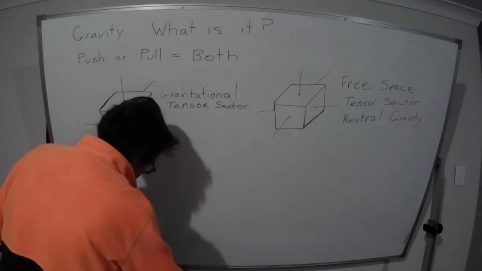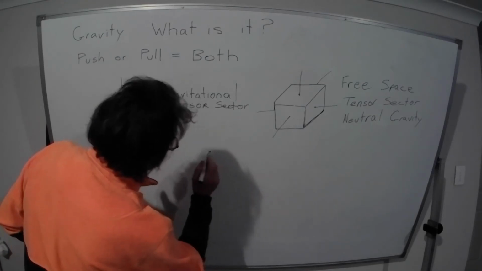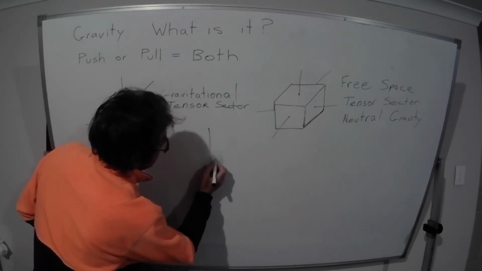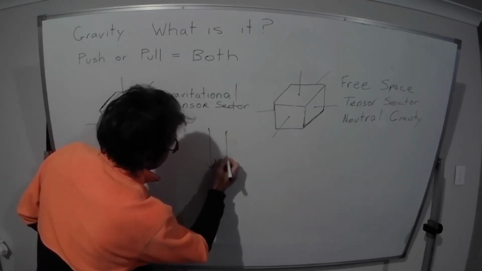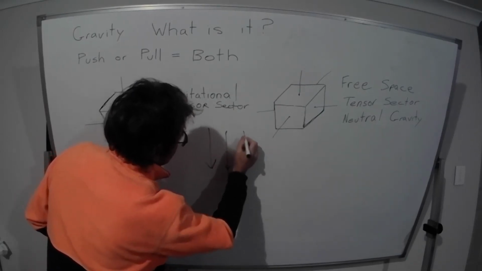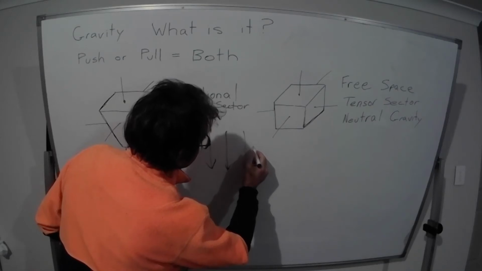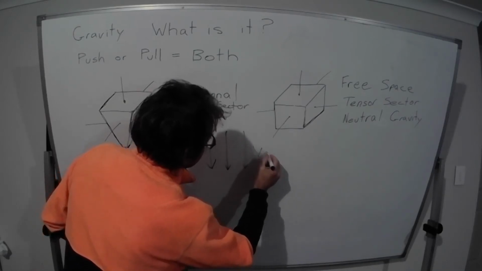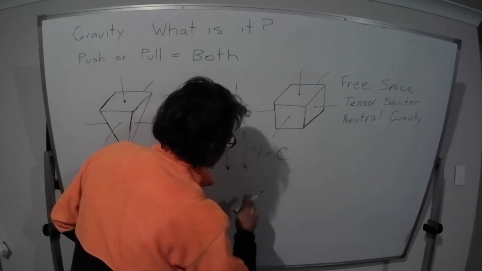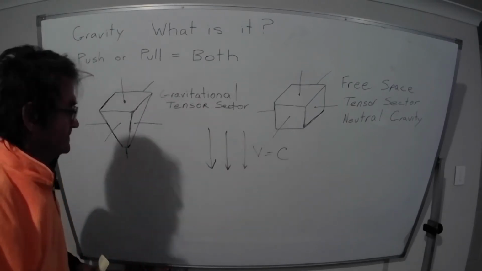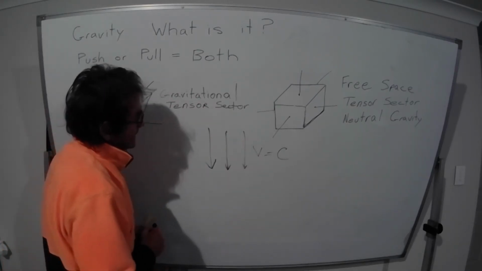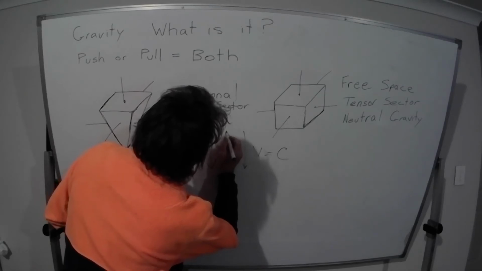I'll just draw it here, it's probably easier. So if gravity's here like this, and these parallel lines, and they do V equals C, the velocity equals C, right? So what we've got to do is, we've got to do this.